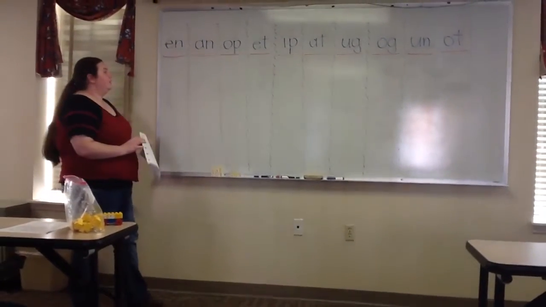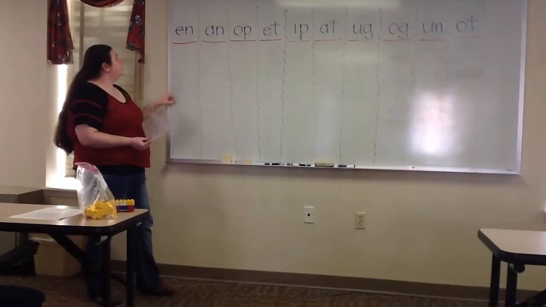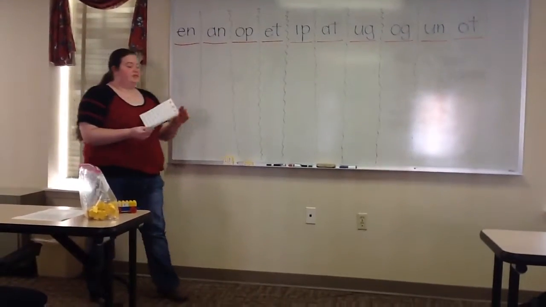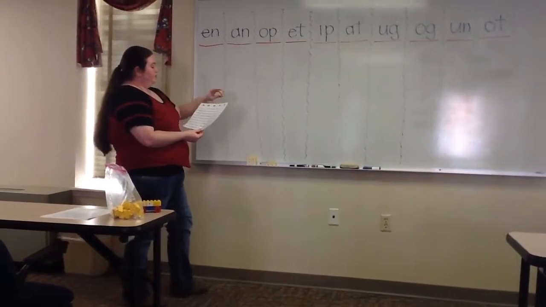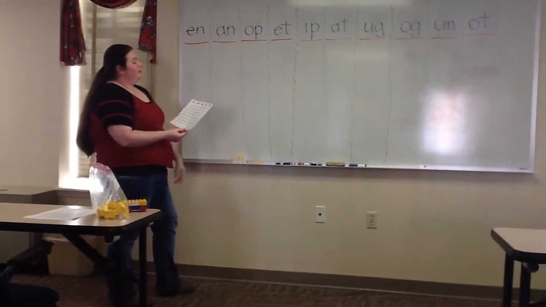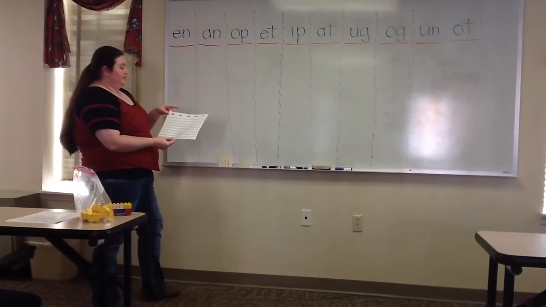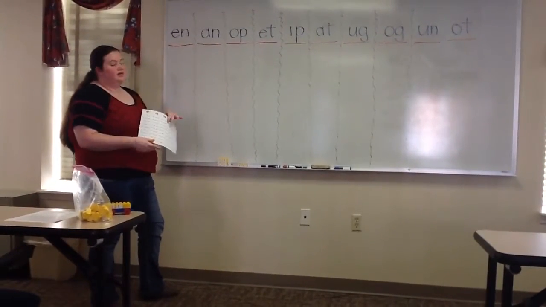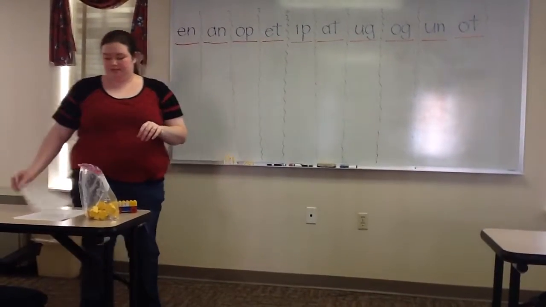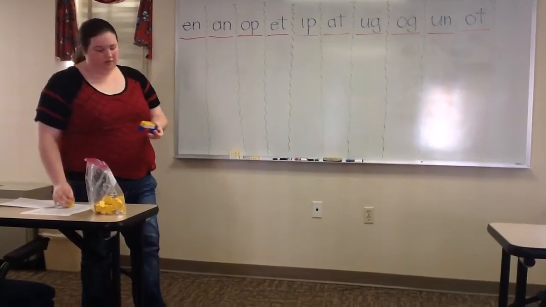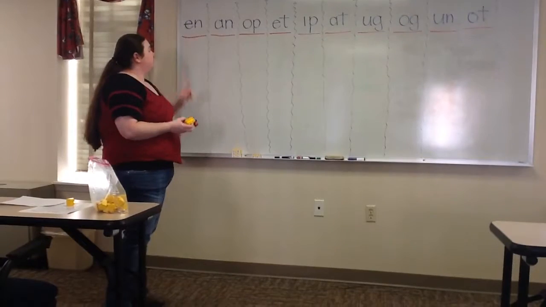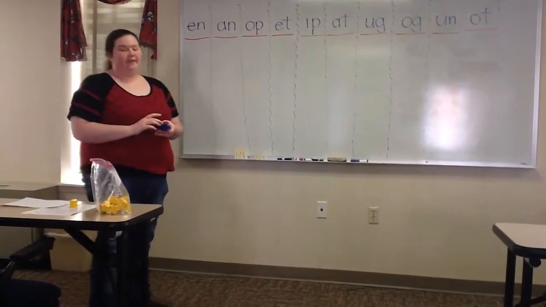Okay everybody, we are going to be making words using these blends. Now you're going to have a sheet, and this is what it looks like. On the front it's got EN through IP, and when you flip it over, on the back it's got AT through OT. You're going to use your Lego bricks and find the train that has the specific blend, EN, which this one doesn't have, but you will find that one.